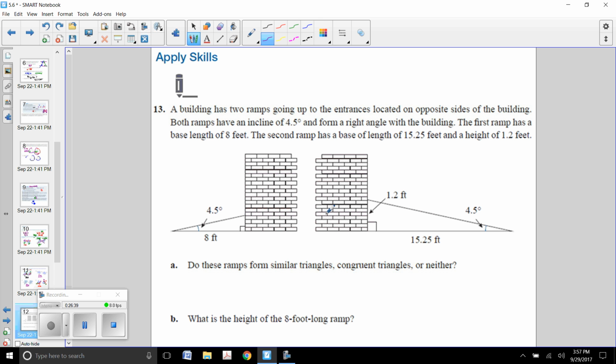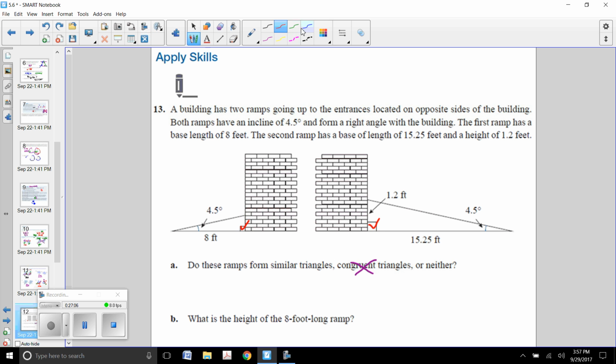Okay. Well, we know they're not congruent because congruent, we have to have all side lengths the same. And for the base of one, it's 8, and the base of the other, it's 15.25. So we know that's not true. Neither or similar are our next two choices. Well, let's look at the other information that we're given. We have a right angle measuring the same as a right angle, 90 degrees.